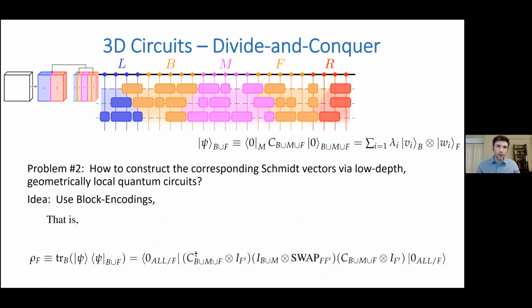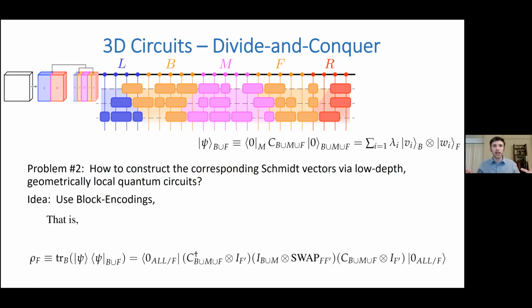All right, so here's what a block encoding does. Let rho F be the density matrix corresponding to the F register of psi BF. A block encoding allows you to construct rho F using a low depth geometrically local quantum circuit. In this case, it's just a simple composition of CBMF and a swap gate in a particular way.